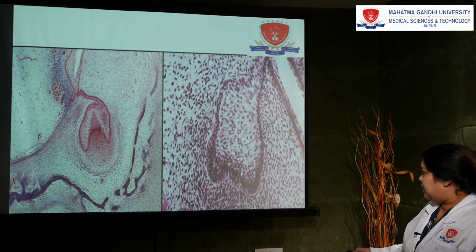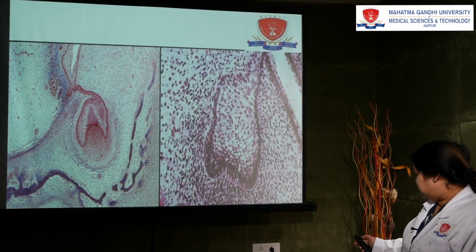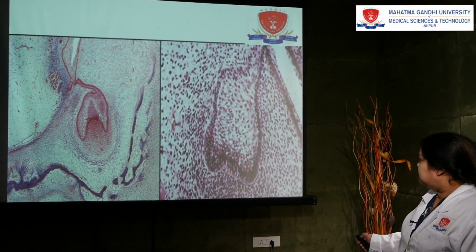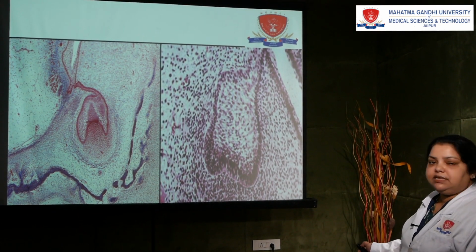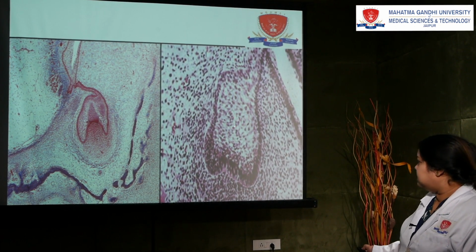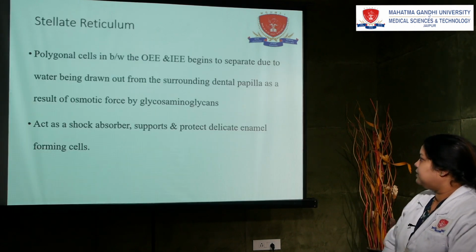Now, here you can also appreciate another layer, that is the stellate reticulum cells. These are the polygonal cells and these are the star shaped cells.